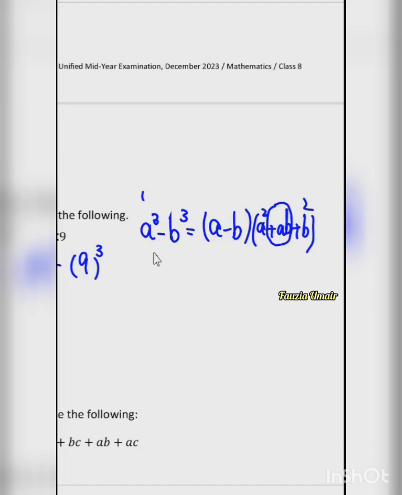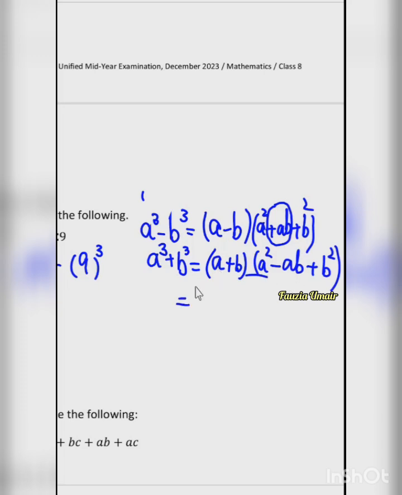So there are two, just like for a cube plus b cube, we have a formula for that also. The formula is a plus b into a square minus ab, the sign is opposite, plus b square. So now you can check also, if you multiply these two, you know how to multiply a binomial with a trinomial, yes?